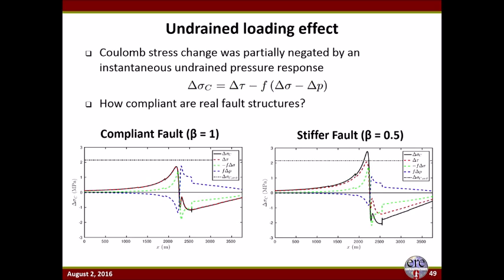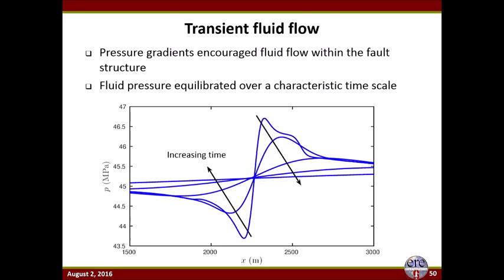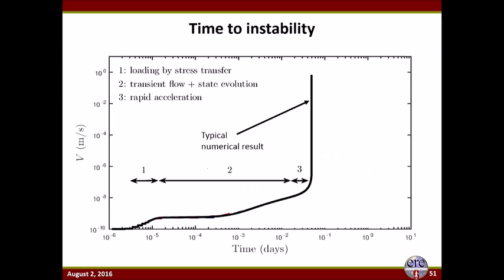For stiffer faults, the change in fluid pressure only partially mitigates that normal stress change. Of course, once fluid pressure gradients in the fault zone set up, that encourages fluid flow to occur, and over time, pressure will begin to equilibrate in the fault zone, and that can act as a transient loading mechanism in terms of the earthquake rupture problem.